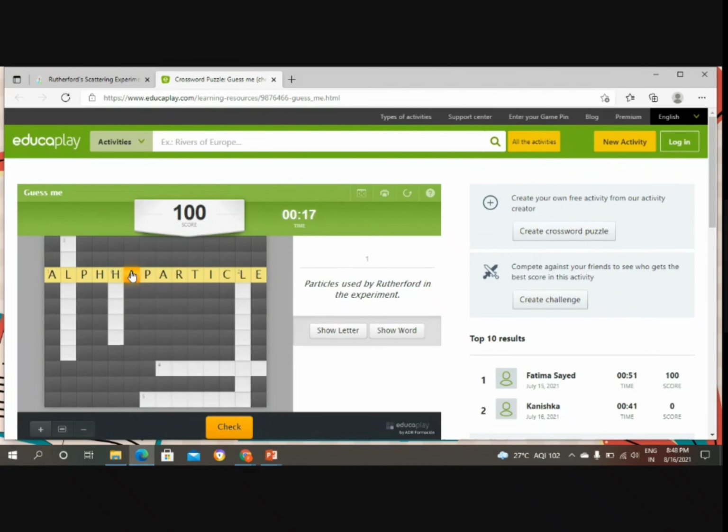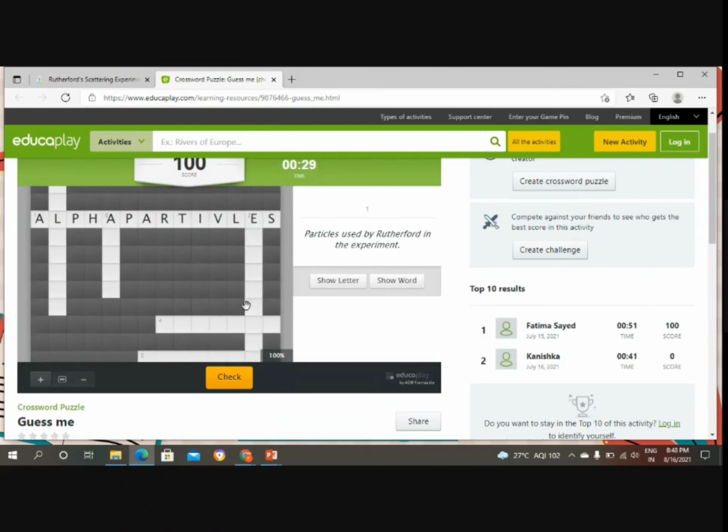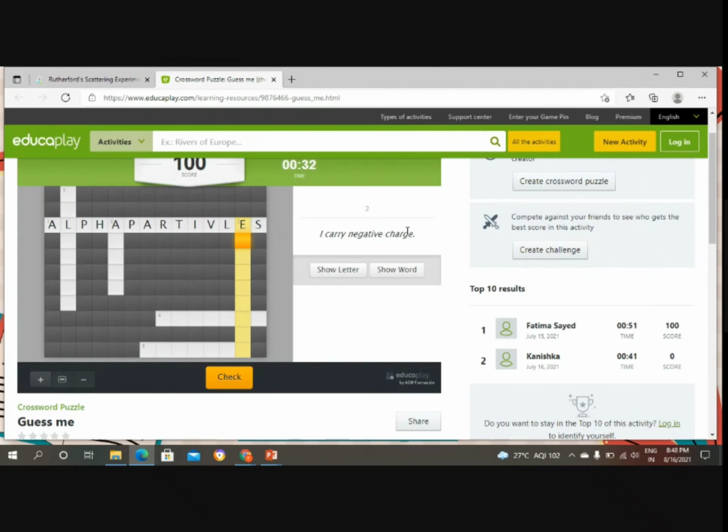I think I've missed a spelling over here. Alpha particles. Next we have: I carry negative charge. Negative charge is carried by electrons, correct? We write electrons over here.